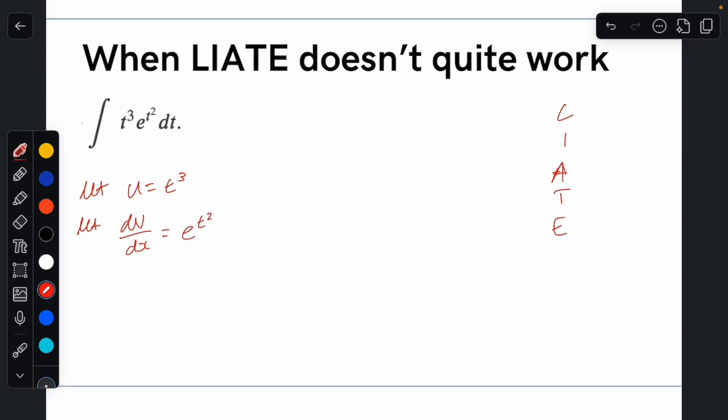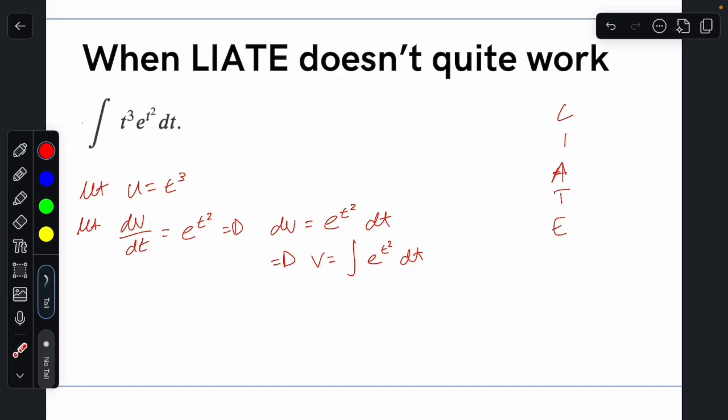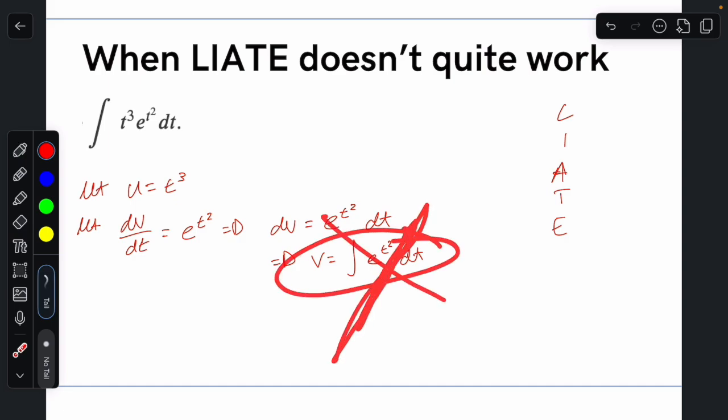Then dv is e to the t squared dt, so v is equal to the integral. But as you know, we can't evaluate this. So it doesn't work in this scenario. What do we do?